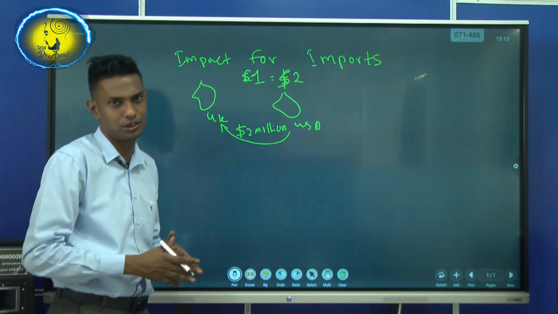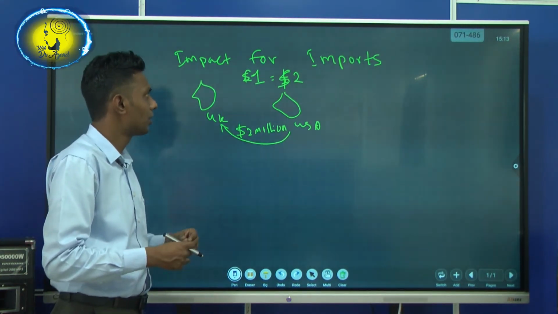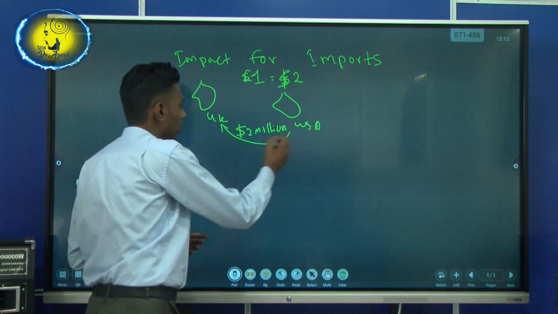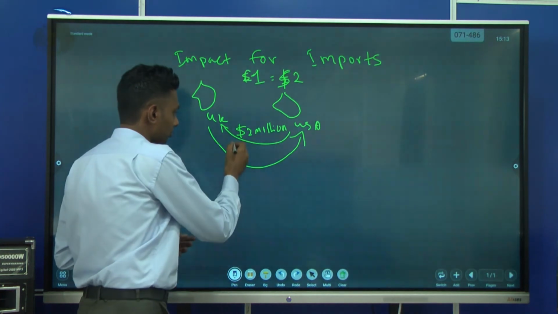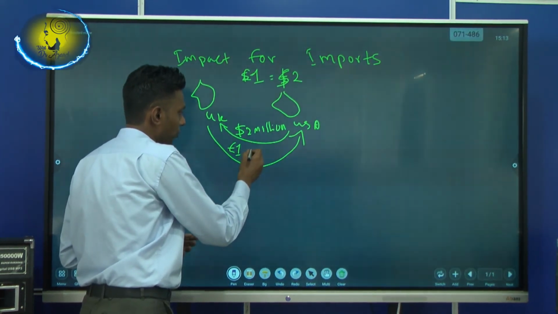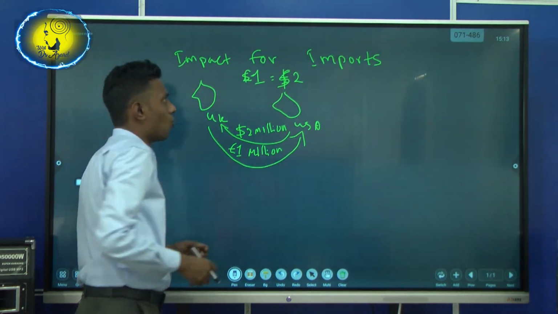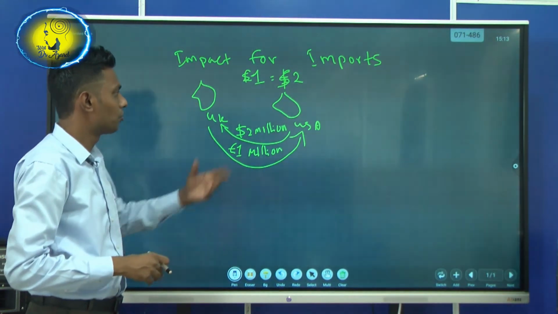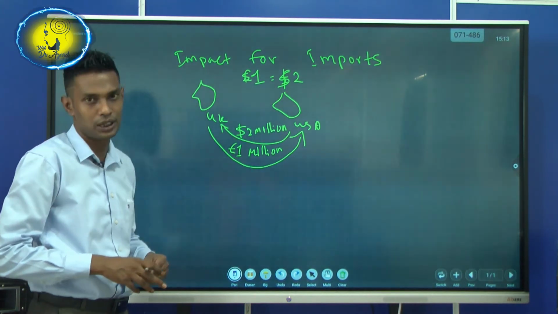How many pounds do you need? Divide 2 million by 2, you will get it. The United Kingdom just has to pay 1 million pounds to buy goods from the United States of America, which are worth $2 million.